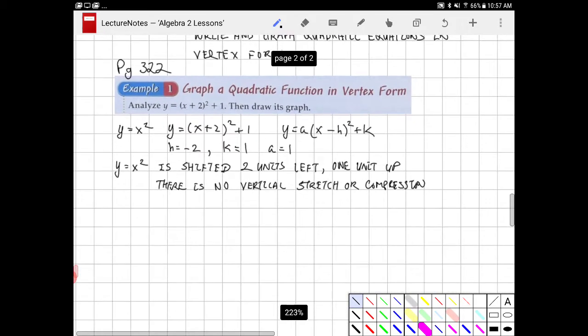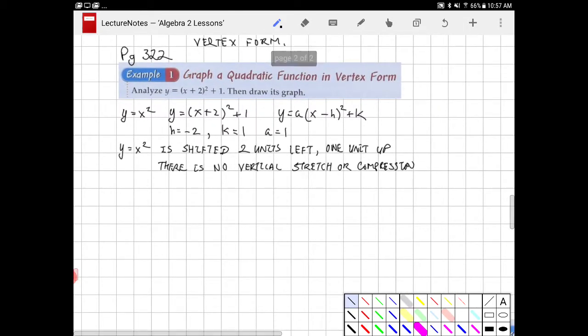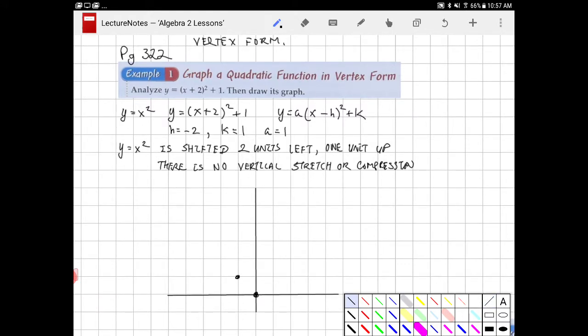If I were to graph what this would look like, just really quickly, the original parent function again has this shape.